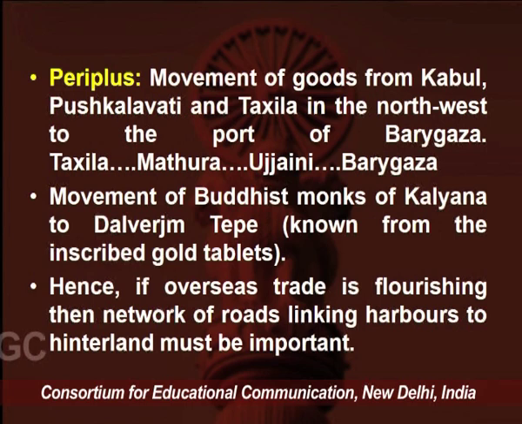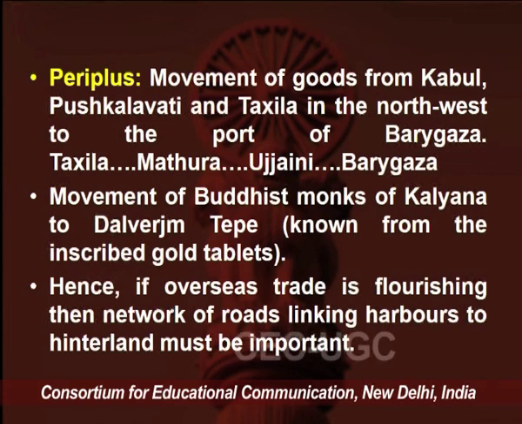So, from Takshila it reaches Mathura, from there to Ujjaini and back to Barigaza. This is the route that it takes inside the Indian subcontinent, and that again brings to light the function of trade magnets as served by these sites.